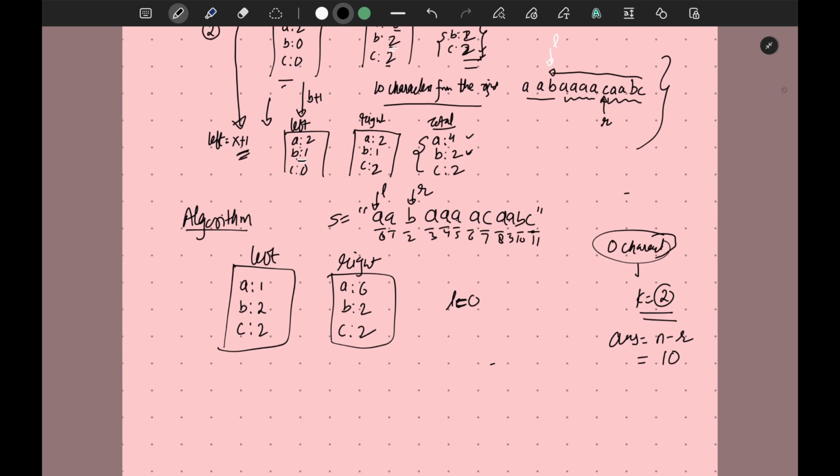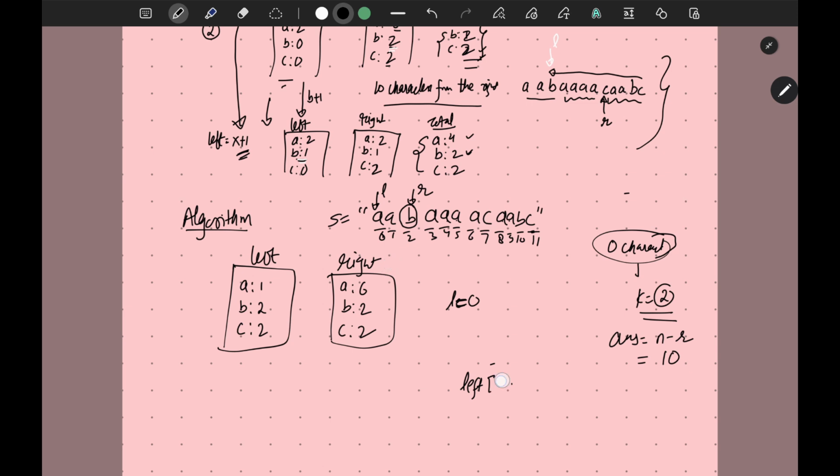Now let's see, we have to satisfy the condition that left of A, since our r is pointing to B, that means if we move r towards the right, then this map will change.